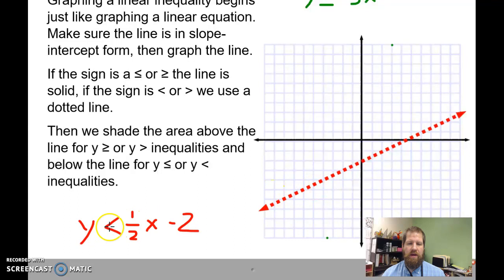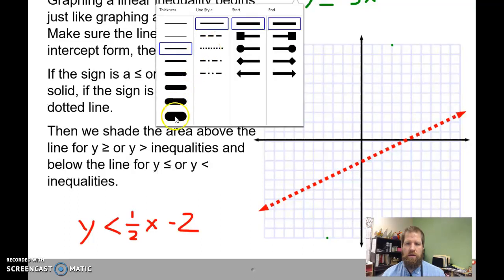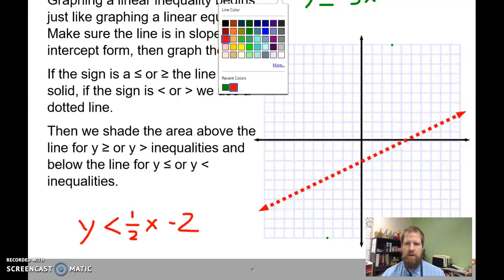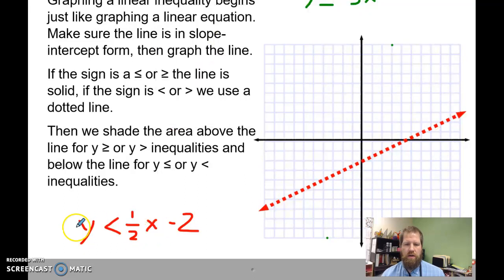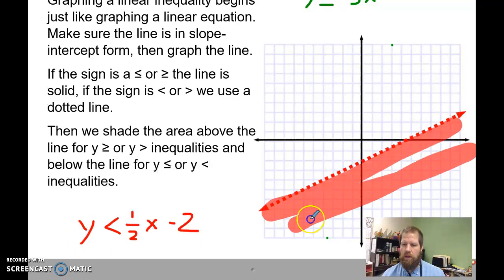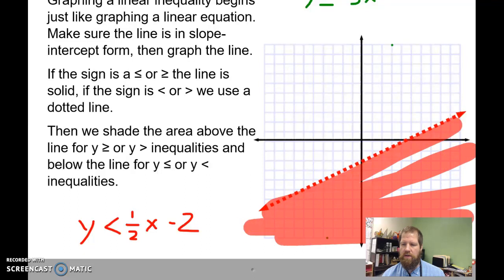It would have to be, in this case, less than. I'd get out my shading tool again, and my y value needs to be less than, so it's going to be under the line, and I would shade all of that in.